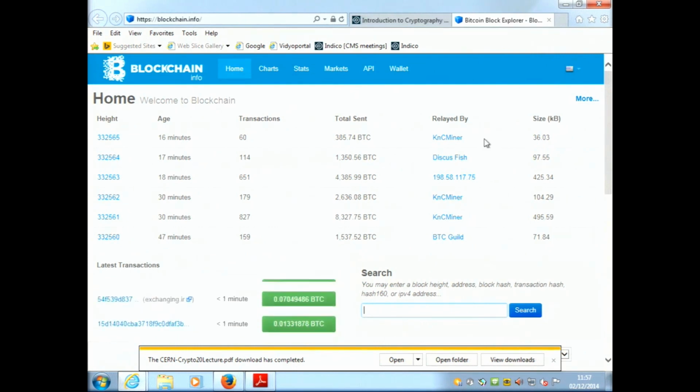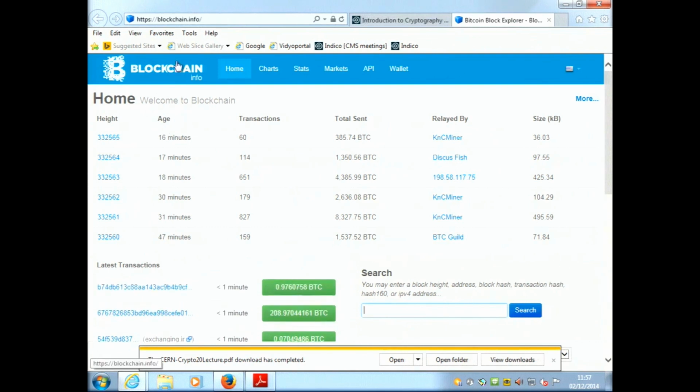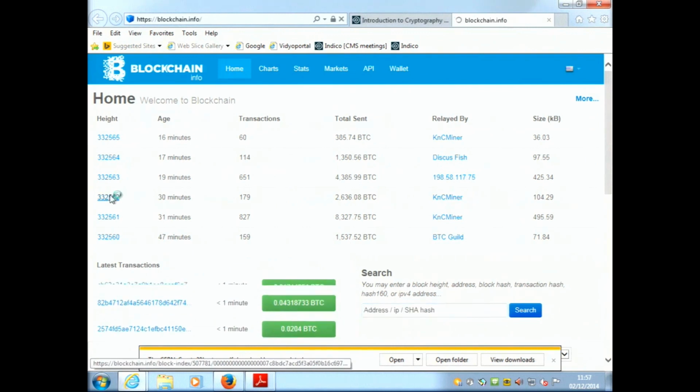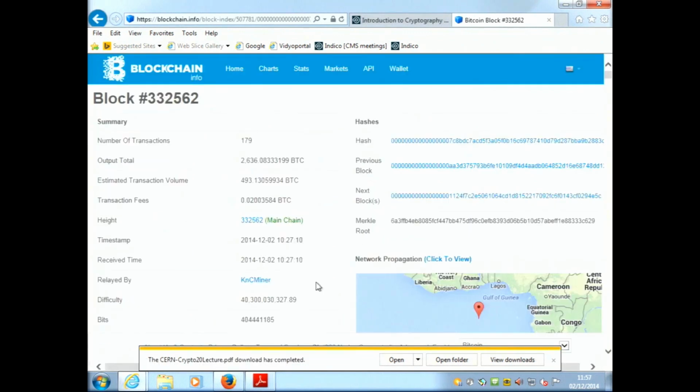Okay, so blockchain.info provides all sorts of ways of exploring things. You can click on a block number here, and you can see what the transaction fees associated with this block were. Remember, that was the difference between the inputs and the outputs.